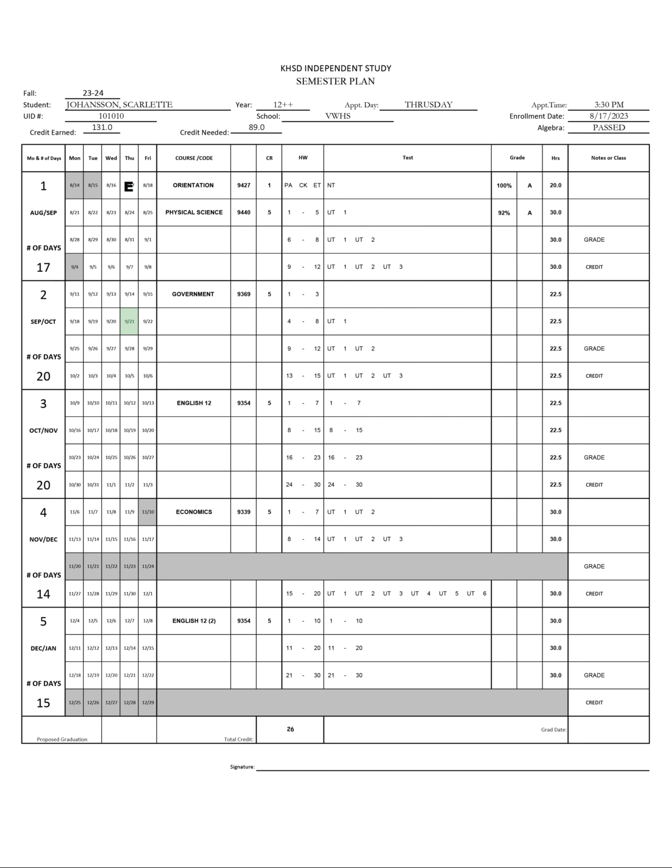And then you'll also notice that each class has the description or the course code, the name of the class, the number of credits they're going to earn, then the homework that's assigned for each week, the unit tests or chapter test assigned for each week, then the grades by percentage first and then letter, and then the number of hours that they earned in each week as they work through each week.